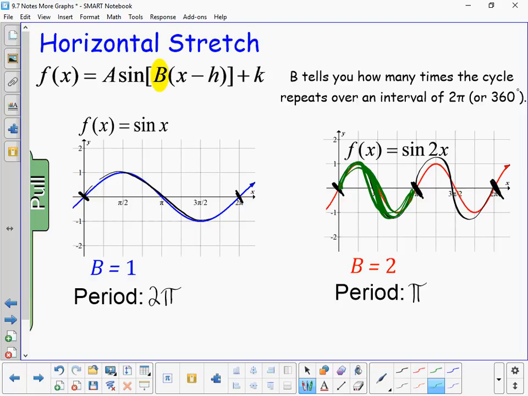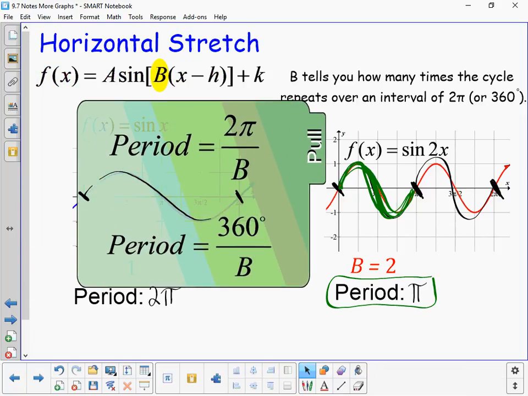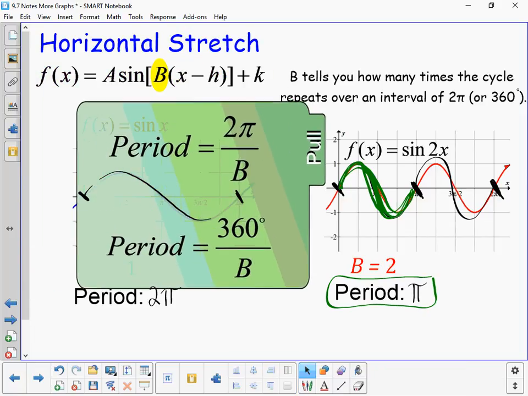So what we normally do is calculate the period using b. The equation that you can use to calculate the period is that the period is exactly 2 pi divided by b. So b tells you how many, and the length of each one is going to be 2 pi divided by that number. Or, of course, in degrees, that would be 360 divided by b.